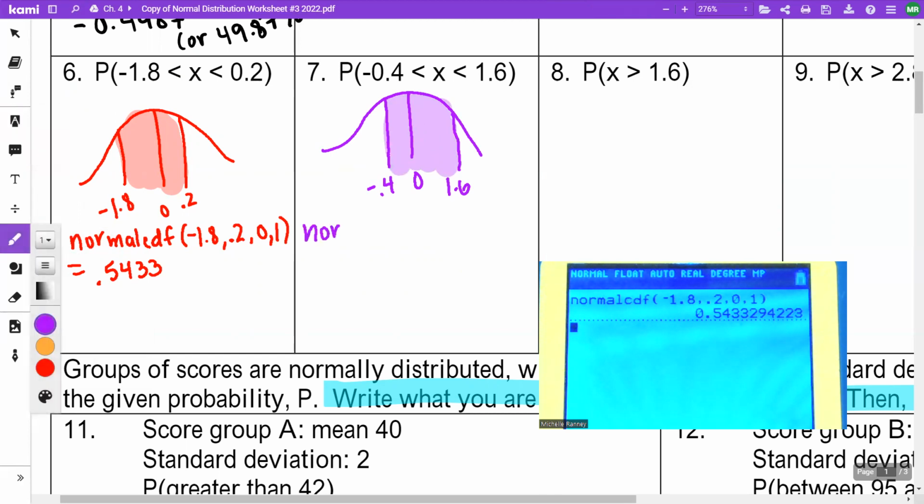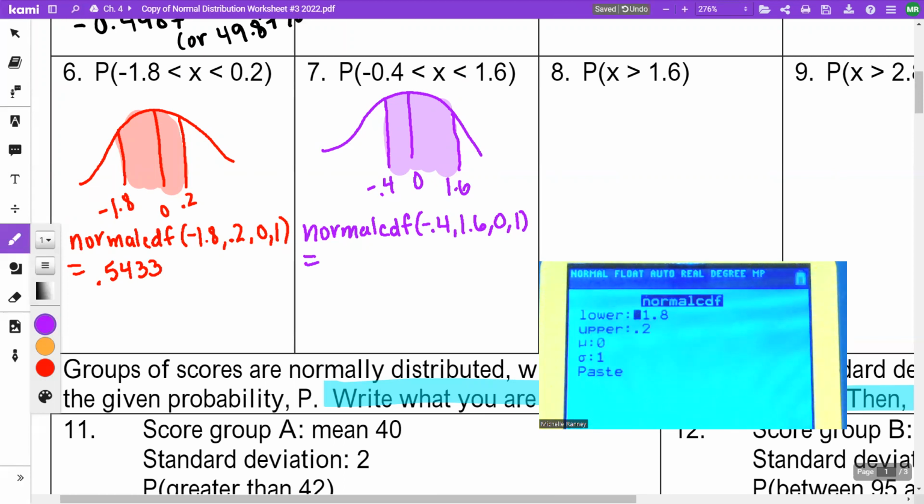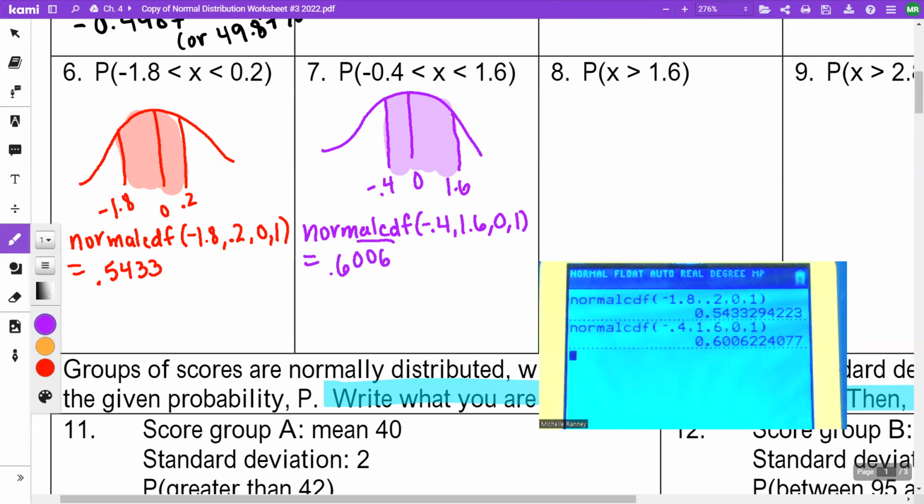So normal CDF, negative 0.4 to positive 1.6, mean 0, standard deviation 1. And so negative 0.4, 1.6, 0, and 1. And we get a 0.6006.